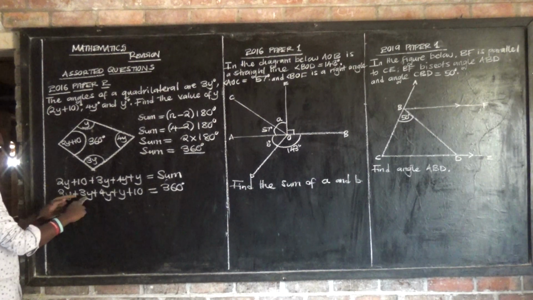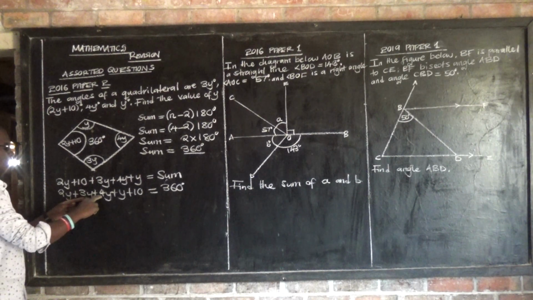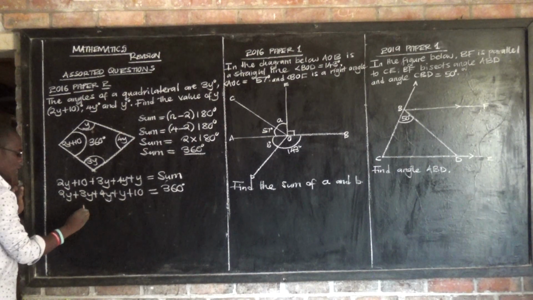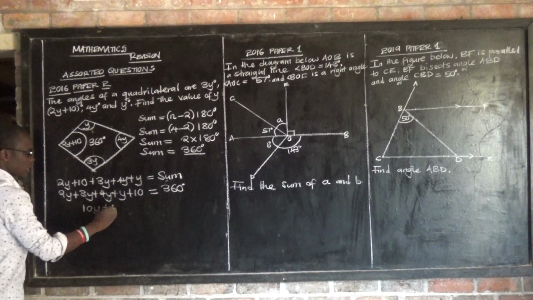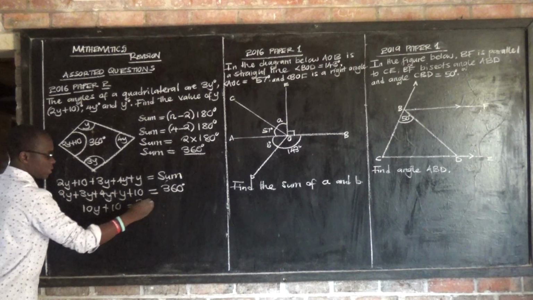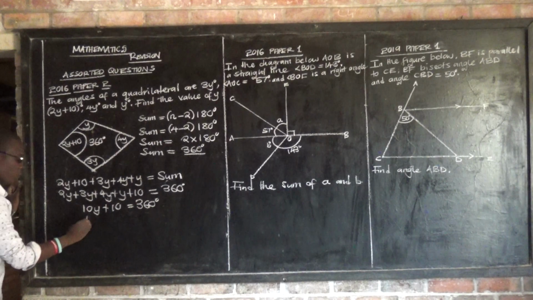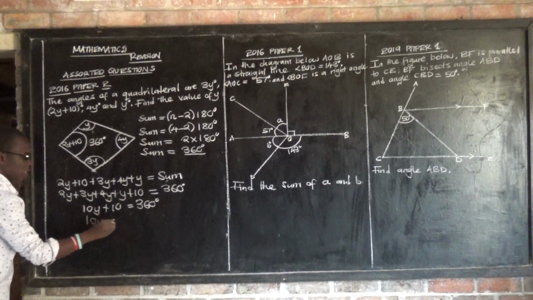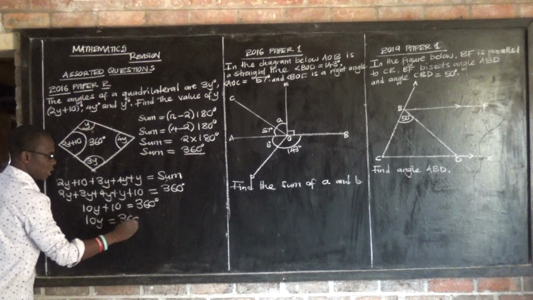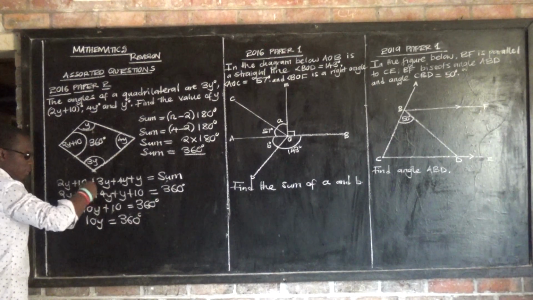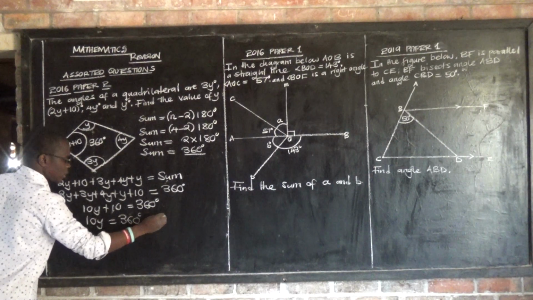Then add now: 2y plus 3y is 5y, 5y plus 4y is 9y, plus y. You're going to have 10y plus 10 equals 360. So we are now going to collect like terms, remaining with 10y on this side, and 360 on the other side. When you transpose, 10 becomes negative 10.